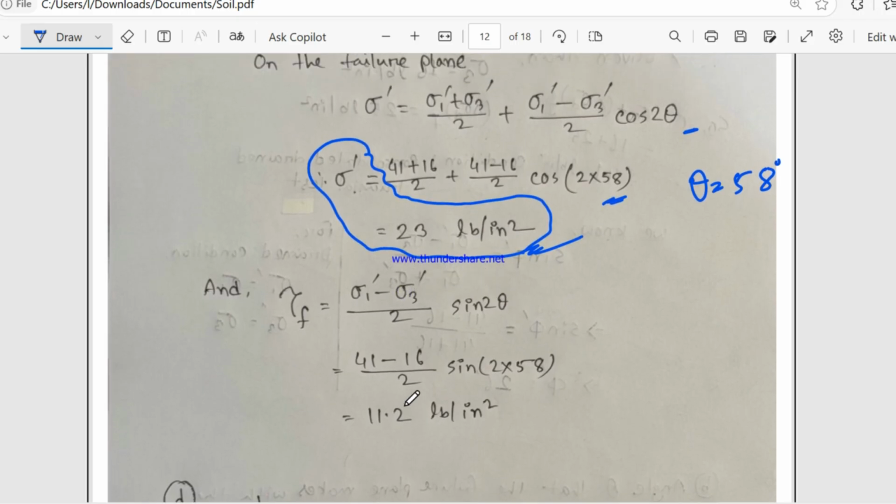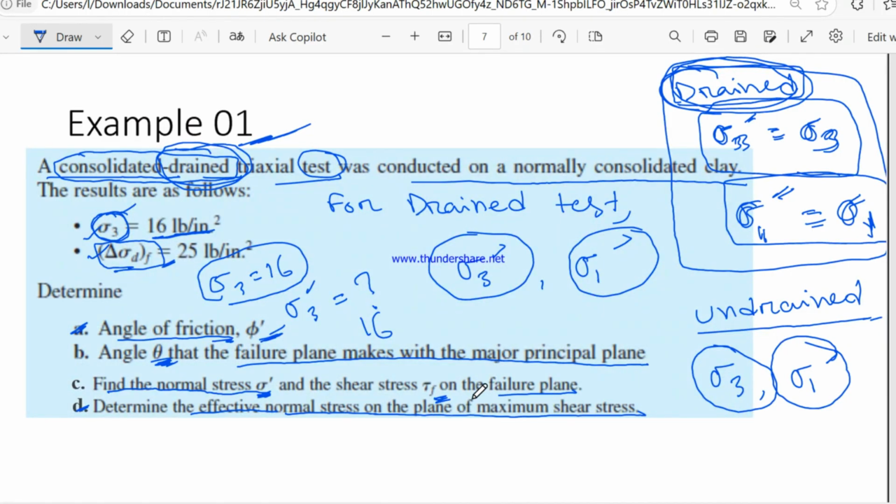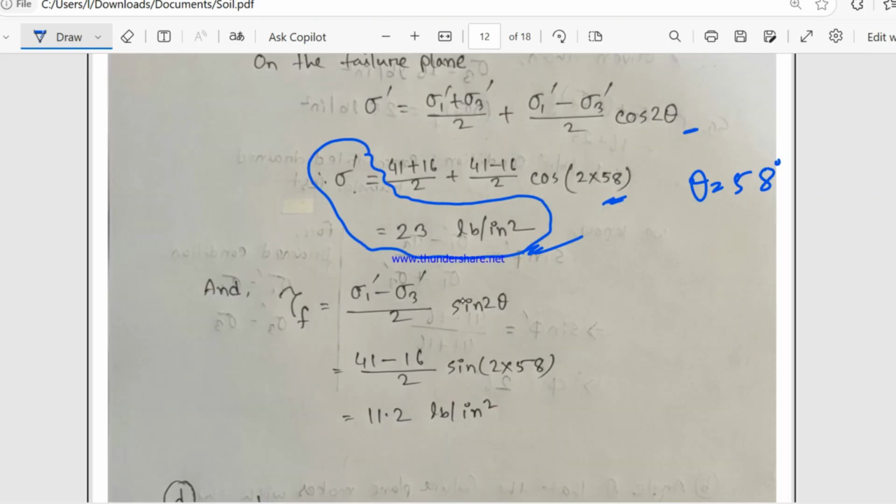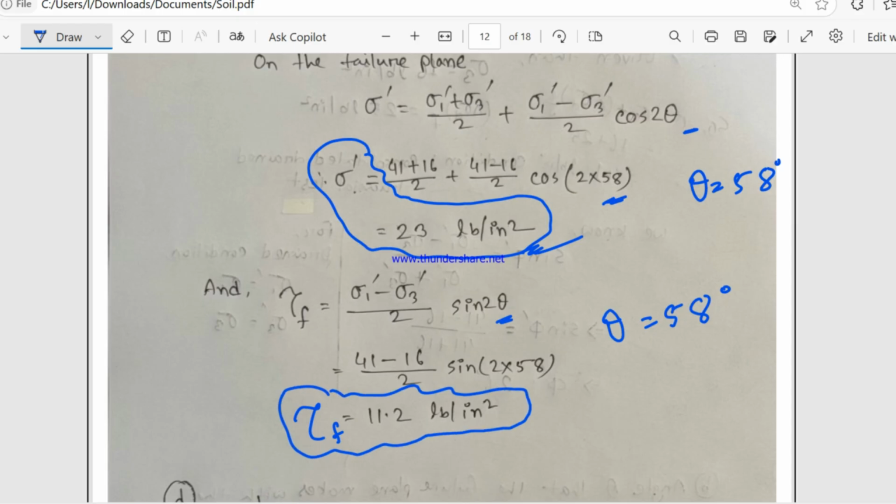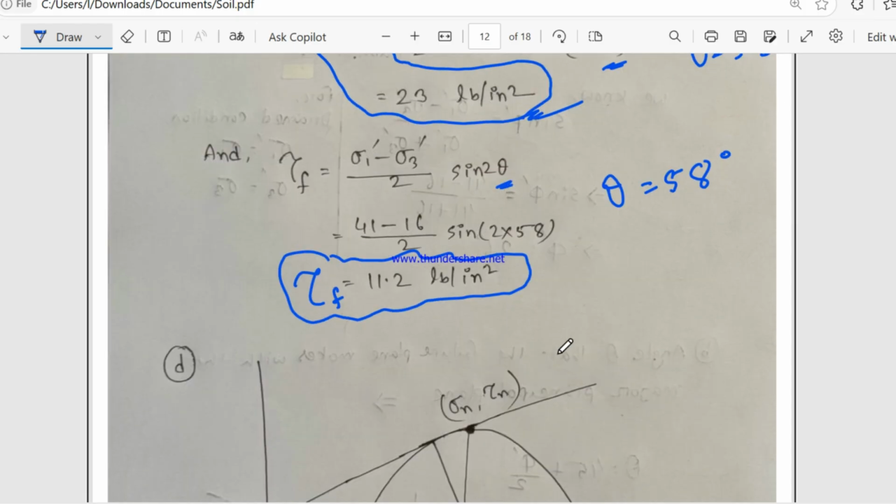The formula of shear stress tau f is sigma 1 prime minus sigma 3 prime divided by 2 times sin 2 theta, and theta is 58 degrees. So the shear stress will be 11.2 pounds per inch square.